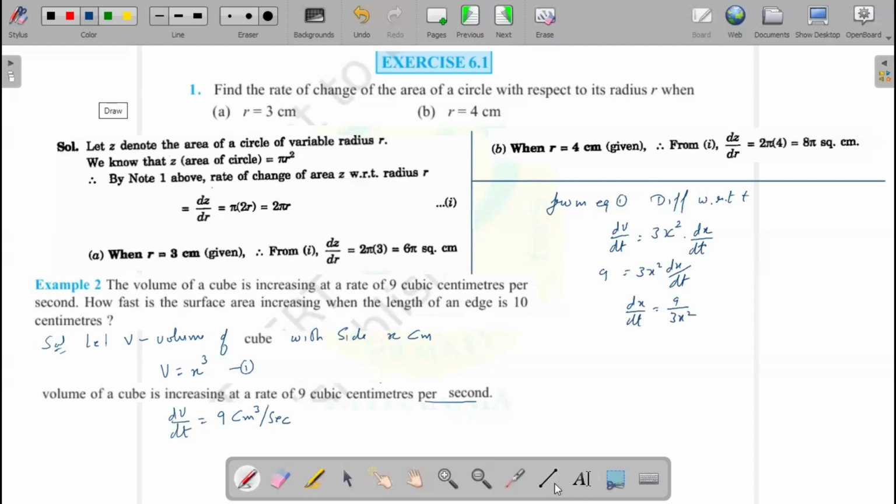Now his question is how fast the surface area is increasing. Let the surface area of a cube be denoted with S, and the surface area of a cube is 6x square. And he asks how fast it is increasing. So his rate of change with respect to the time is ds upon dt, right hand side में differentiation, and then the differentiation of x.